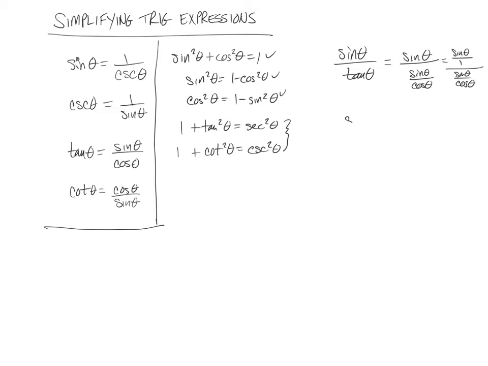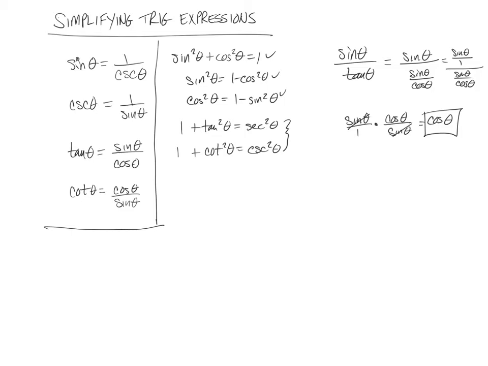And then we take our numerator and multiply it by the reciprocal of the denominator and see what happens. The sines are going to cancel and we get cosine of theta. So something fundamental like that is something that you should always be able to do fairly quickly and efficiently.